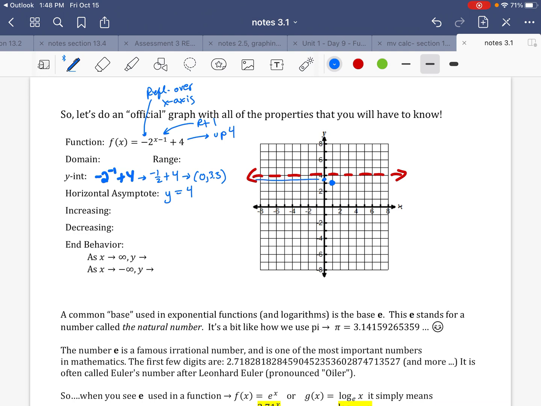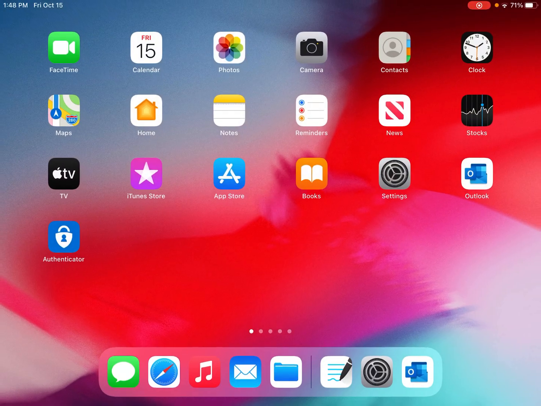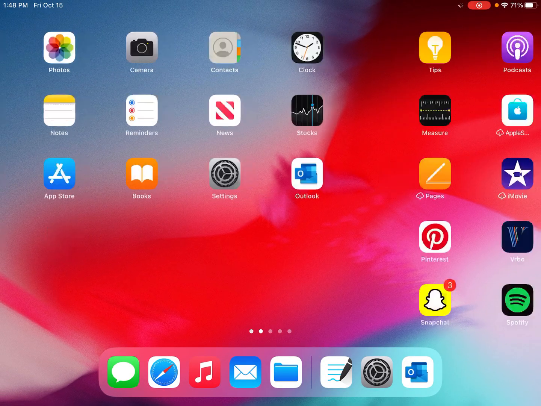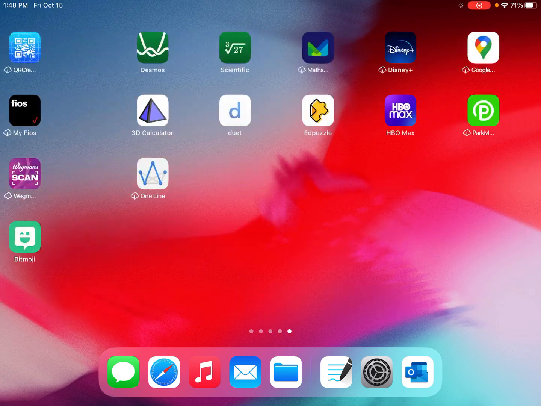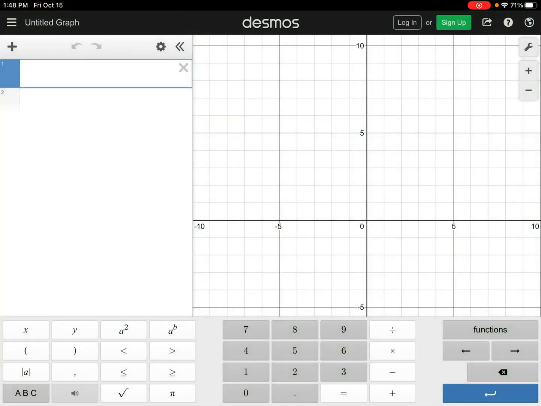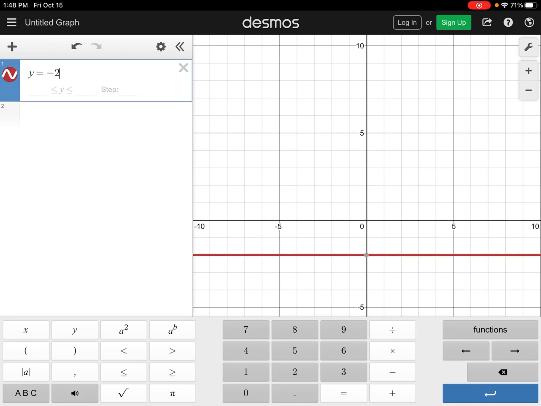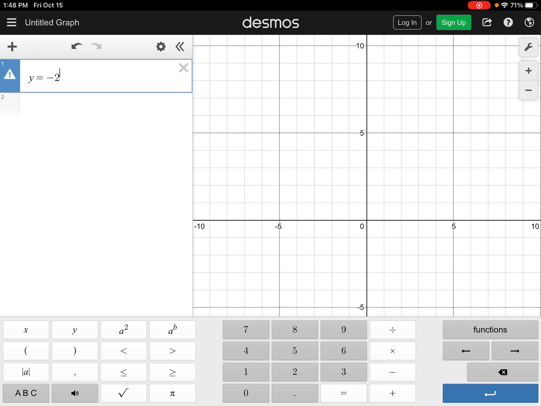I'm not going to ask you about the x-intercept yet, so just take this and let's go to Desmos and make sure it's correct. -2, x minus 1 plus 4. You've got to put parentheses.